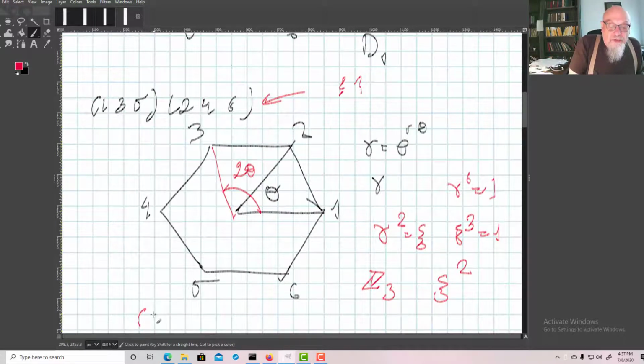So 1 goes to 5, 4 goes to 6, and this means 1 goes to minus 2.